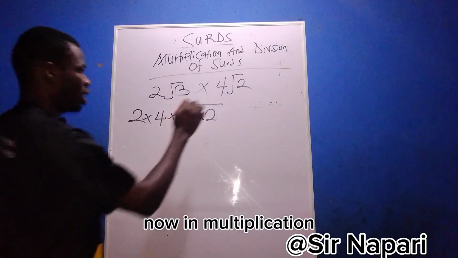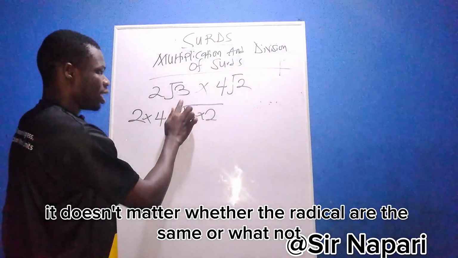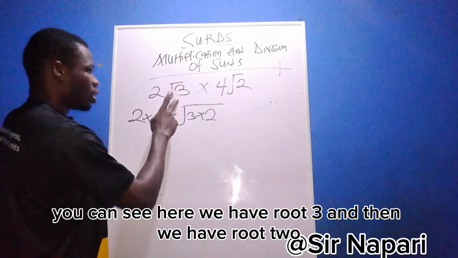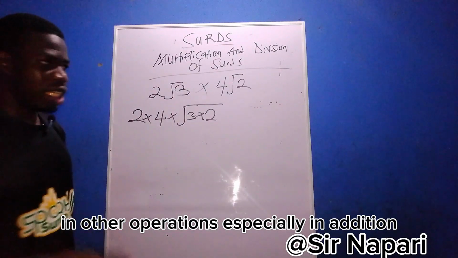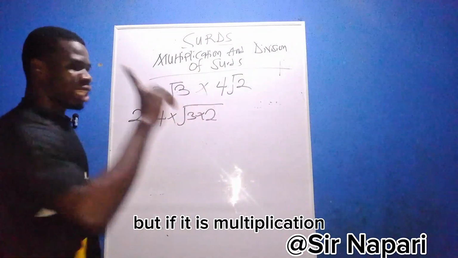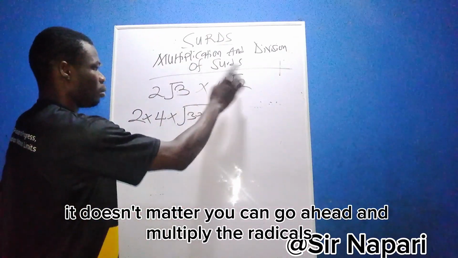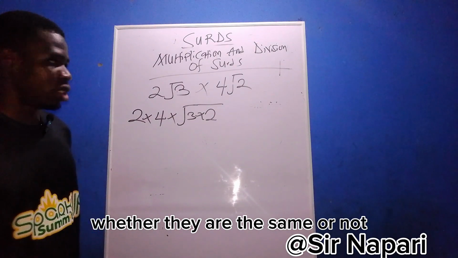In multiplication, it doesn't matter whether the radicands are the same or not. You can see here we have root 3 and then we have root 2. In other operations, especially in addition, we wouldn't be able to do that. But if it is multiplication, it doesn't matter. You can go ahead and multiply the radicands, whether they are the same or not.